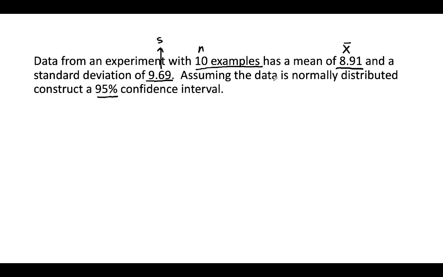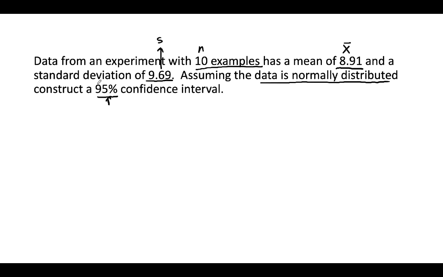And as I said, we have to assume that the data itself is normally distributed, not just the sample mean, so that we can use the t-chart. And now we want to construct a 95% confidence interval.